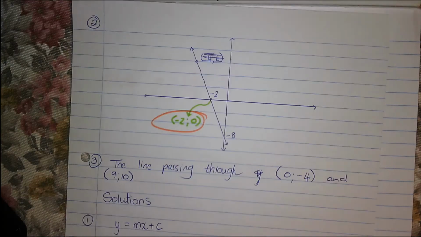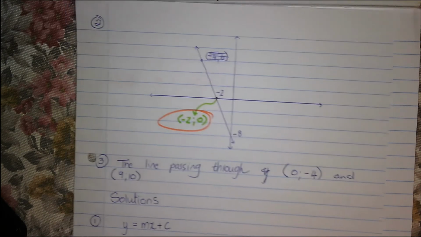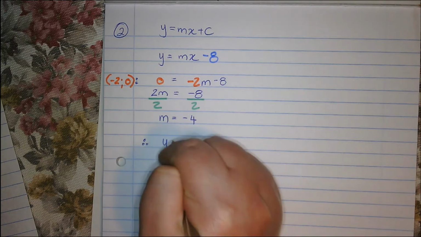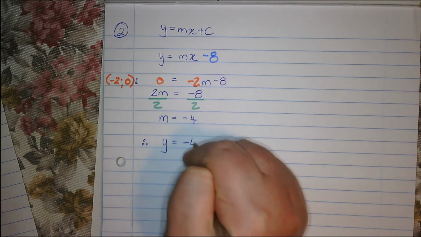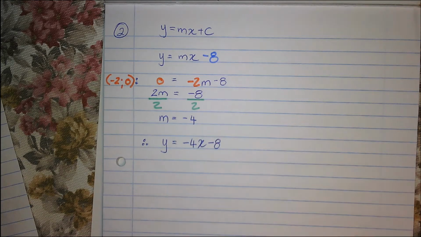And that does fit what I have on the sketch. It is a decreasing line, so my m value does have to be negative. Okay, so that gives me my last step, y equal to, in the place of m we have negative 4, x, and in the place of c we have negative 8. And that's it. That's my equation for this line.